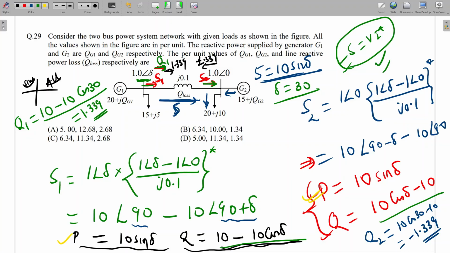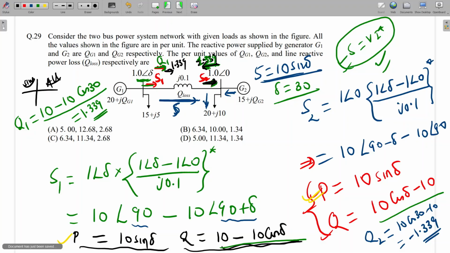Minus direction was for this direction. So from the bus in this direction, how much reactive power is flowing? Plus 1.339. Clear? What we calculated was for this direction, so for the other direction it is coming negative, which means in this direction the reactive power flow is 1.339.